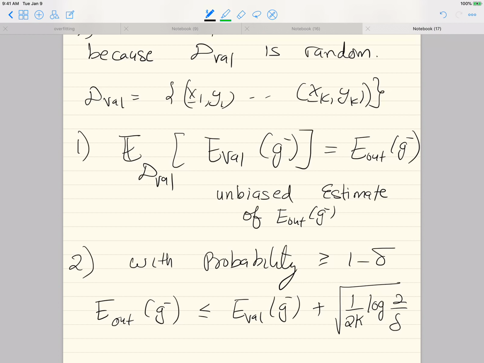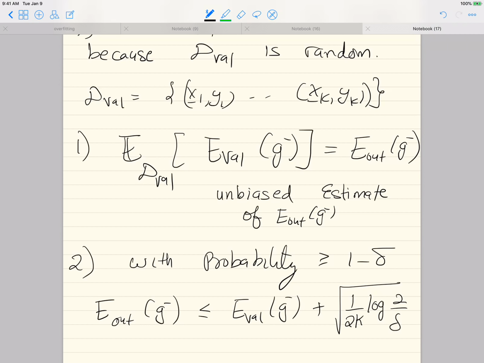This is also true. So now Eval is a random quantity. For each k it's a random number, right? But what we know is that it is not too far. It's going to concentrate around the test error. In the sense that for any Eval that you get, with very high probability, the test error is going to be Eval plus a quantity that decreases as 1 over root k. It's the square root of 1 over 2k log 2 over delta.